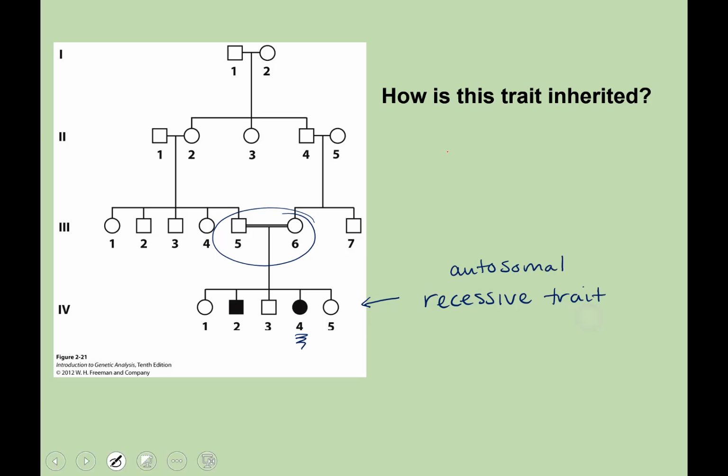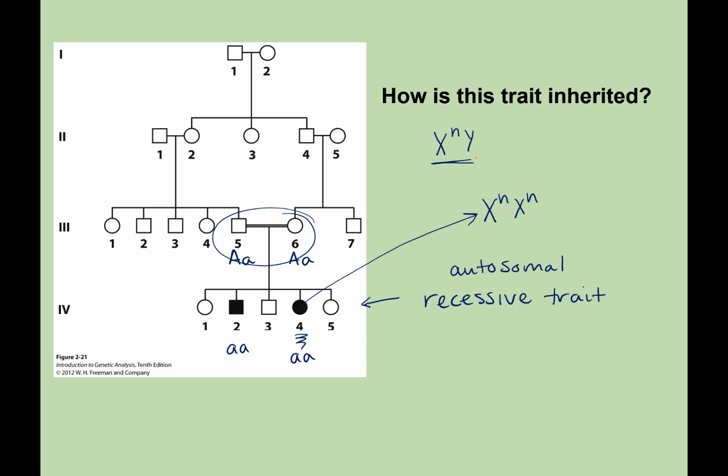So let me show you that. In this case, the dad and mom are both carriers, right? And they produce these affected children. If you were thinking it might be X-linked, so that the daughter was this, she would have had to have an affected father.